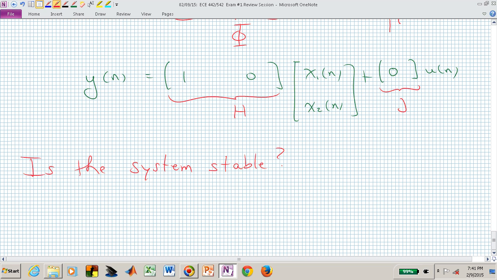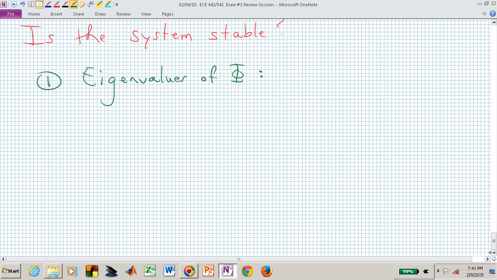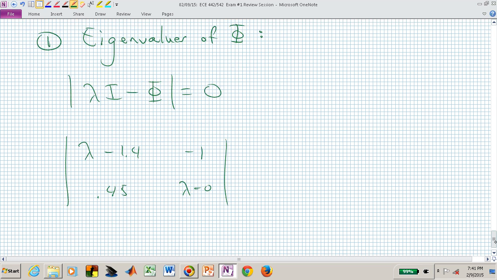Is the system stable? You could say, well, one way to determine that would be to find the eigenvalues of Phi. And there you could say, oh, that's the determinant of lambda I minus Phi equaling 0. In this case, it's lambda minus 1.4 minus 1.45 lambda minus 0. I think that was my Phi matrix.